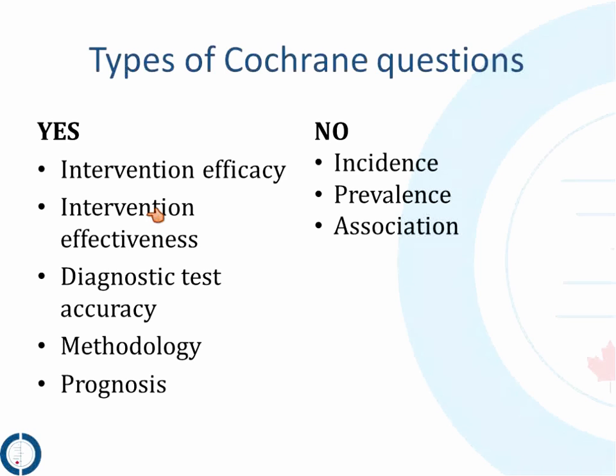And all of the review groups are listed on Cochrane.org if you want to go look at them. Yes, they are. In fact, I will paste that in the window in just a moment here.